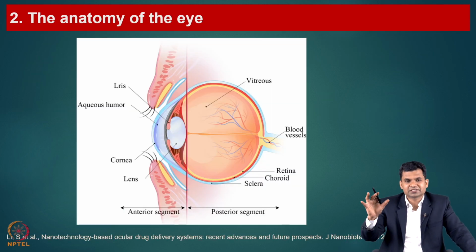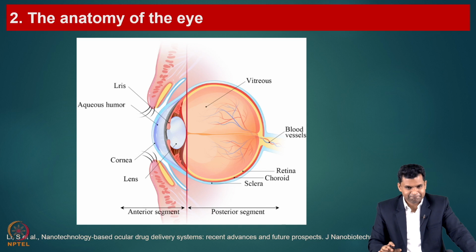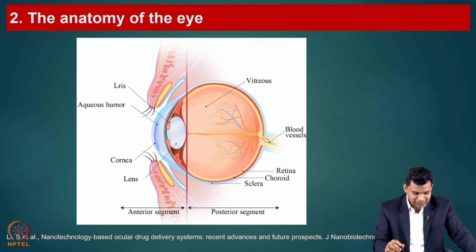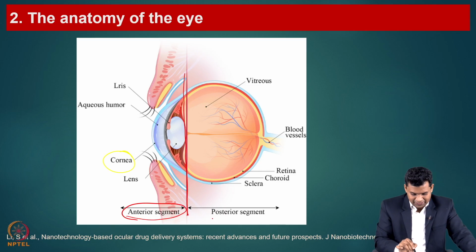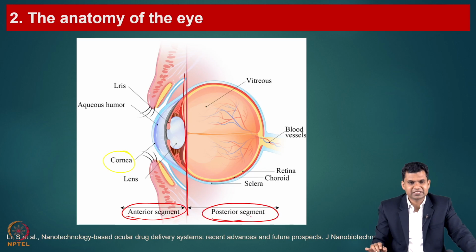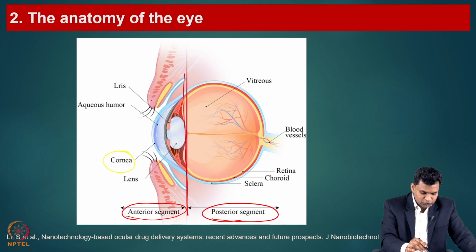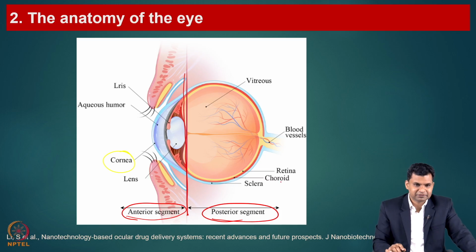Now, we try to understand the anatomy of the eye. Here you can see the cornea. First we will see the segments of the eye. The first part is the anterior segment, and the other is the posterior segment. Most of the formulations we use are on the anterior segment.